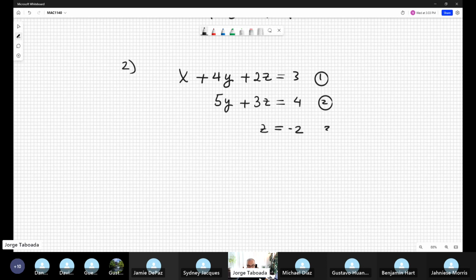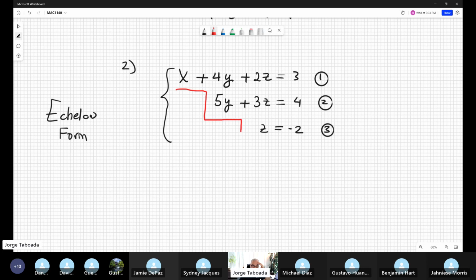So this is the classical example in which the system is written in echelon form. Echelon form. Echelon looks like stairs, like that. Look, it's missing the x, it's missing the x and y, and I take advantage. So you solve using back substitution.